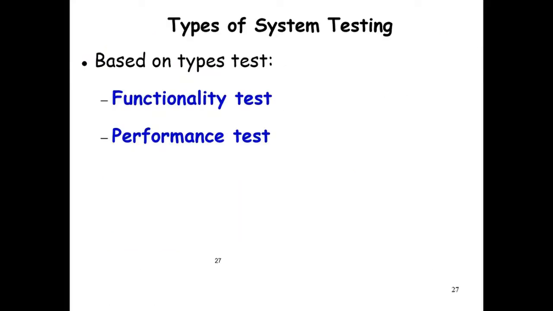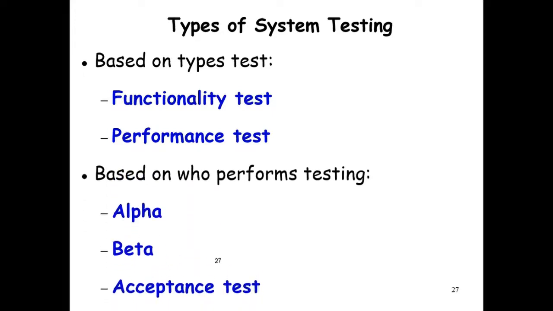So what are the types of system testing? Earlier we have already discussed what functionality and performance tests are. System testing is based on these two: one is called functionality and the second is the performance test. System testing is also classified by who performs the testing. That is called alpha testing, beta testing, and acceptance testing.